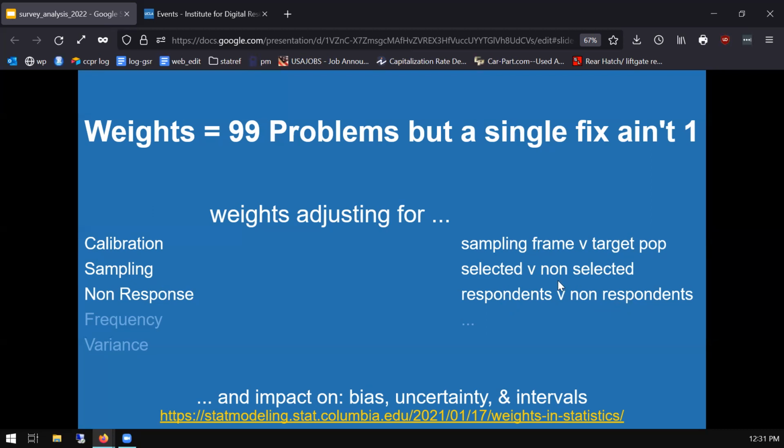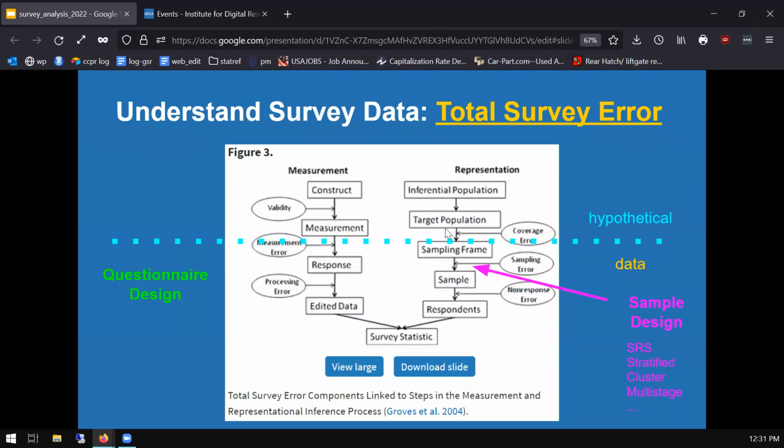So, the key idea here, going back to this total survey error framework, is that if you look at your data documentation and get an understanding of what the weights mean, that can help you avoid any missteps on wrongly interpreting what this one word weight means. For example, calibration weights would try to fix this coverage error.